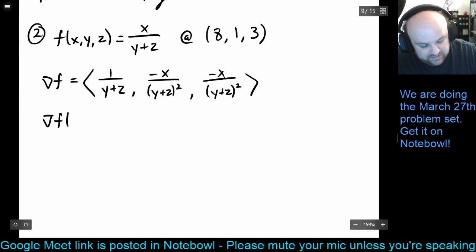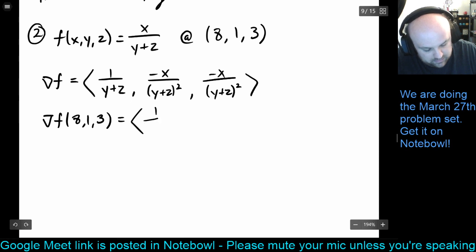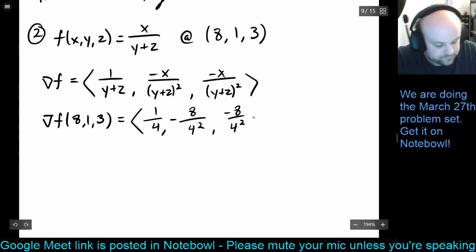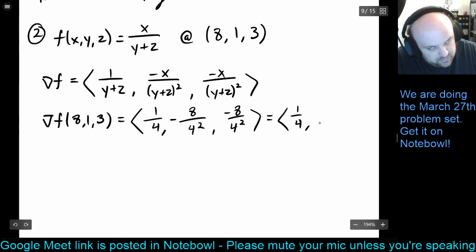All right, so gradient of f at this point, 8, 1, 3, is going to be 1 over 4, minus 8 over 4 squared, minus 8 over 4 squared. And this is 1/4, minus a half, minus a half.